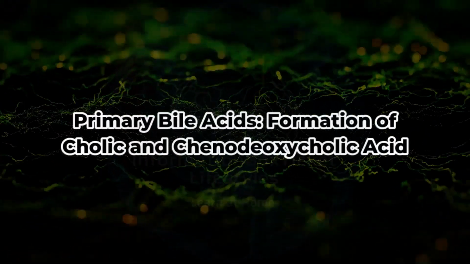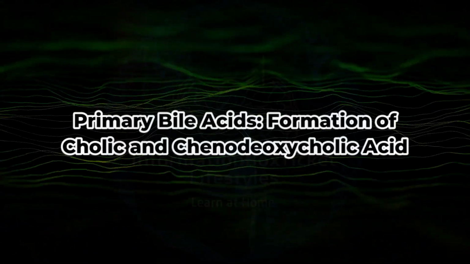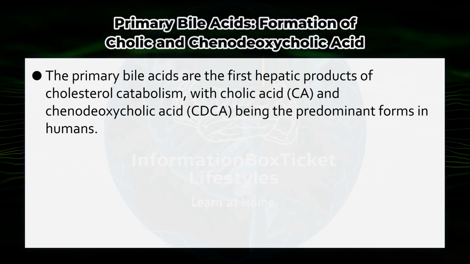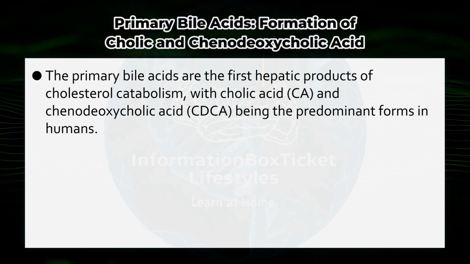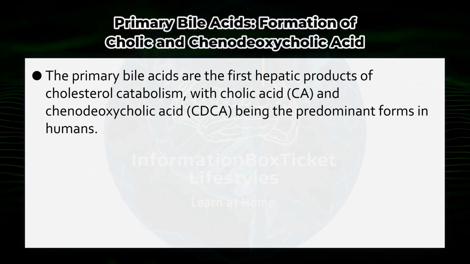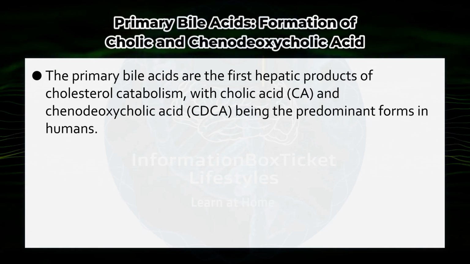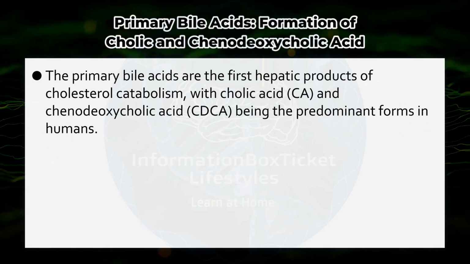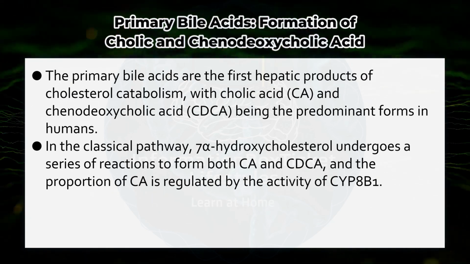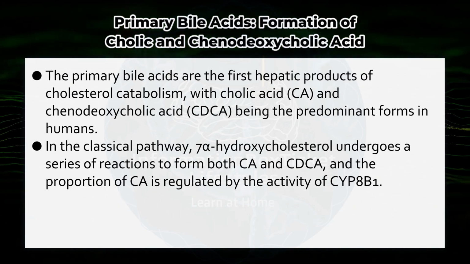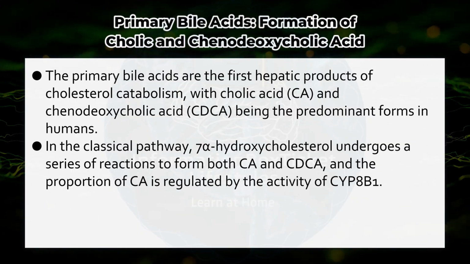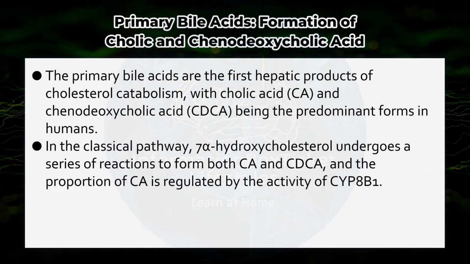Primary bile acids, formation of cholic and chenodeoxycholic acid. The primary bile acids are the first hepatic products of cholesterol catabolism, with cholic acid, CA, and chenodeoxycholic acid, CDCA, being the predominant forms in humans. In the classical pathway, 7-alpha hydroxycholesterol undergoes a series of reactions to form both CA and CDCA, and the proportion of CA is regulated by the activity of CYP8B1.